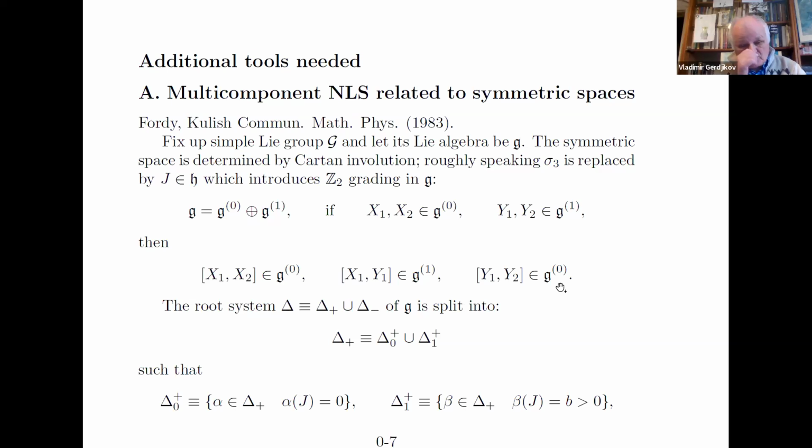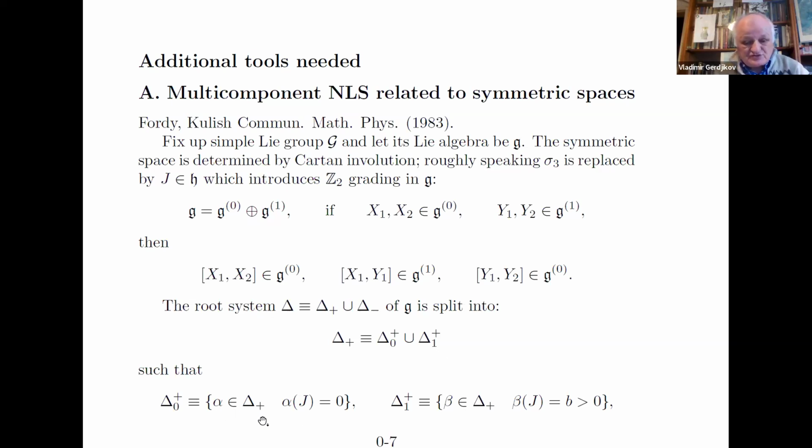For those who know simple Lie groups a bit better, I'll say that the root system of the algebra is delta plus and delta minus. And now delta plus, the positive roots, are split into a direct sum of two subsets of roots, delta 0 plus and delta 1 plus.